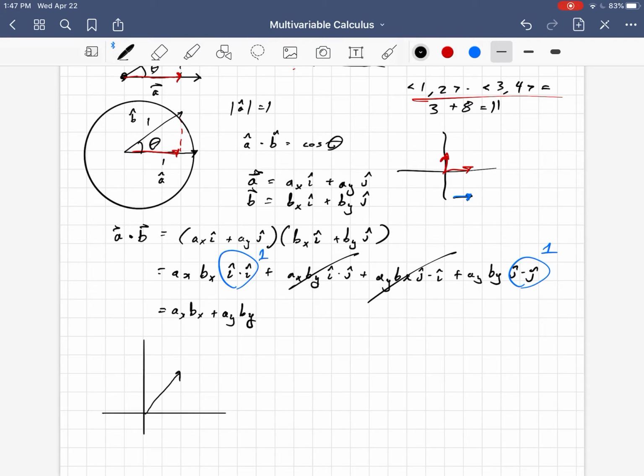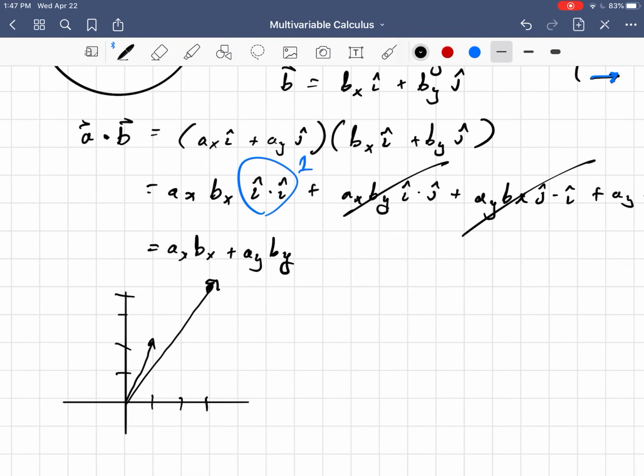If I imagine them as position vectors in whatever coordinate system I'm using, 1, 2 is going to look something like that. And 3, 4, so I go to the right 3, and I go up 4. Can I even draw the vectors right? Okay.